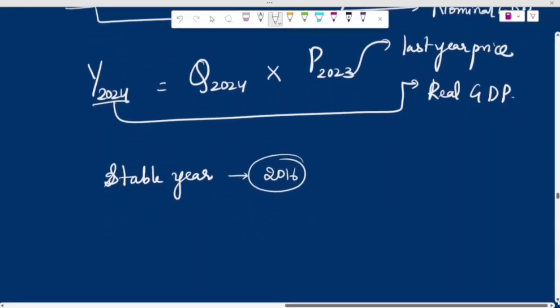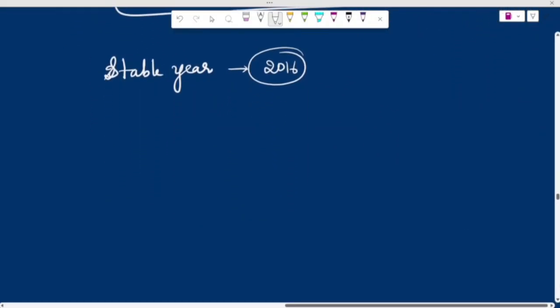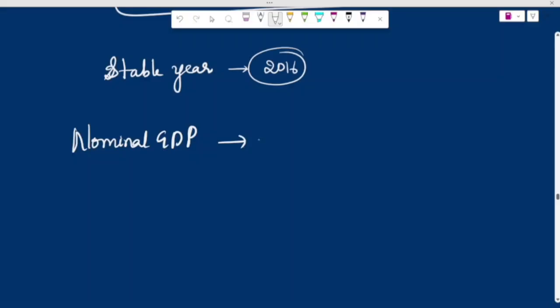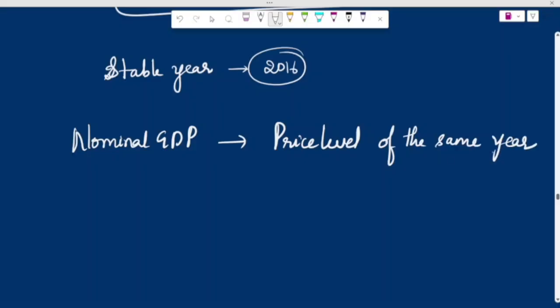Fine. So nominal GDP is nothing but checking the GDP at the price level of the same year. It is nothing but the current year, so it can be called current price. Whenever they say GDP at current prices, come to the conclusion that it is nominal GDP.